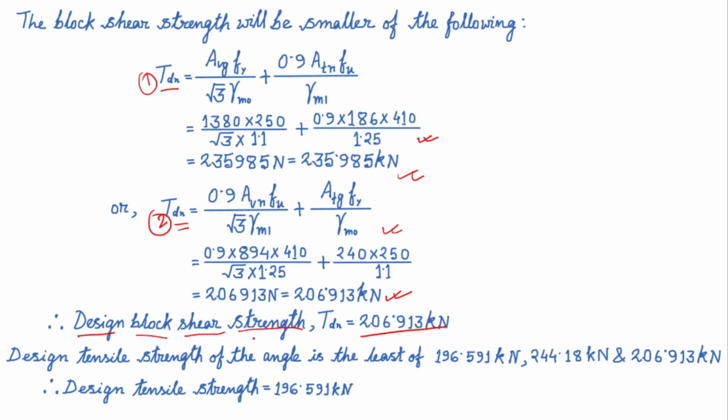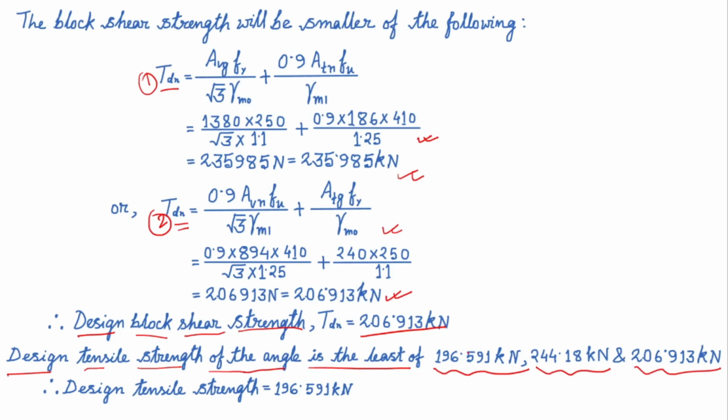Next we have to get the tensile strength of the angle. The design tensile strength of the angle is the least of these: the design strength due to yielding of cross section, the design strength for rupture of the net section, and the design strength due to block shear.